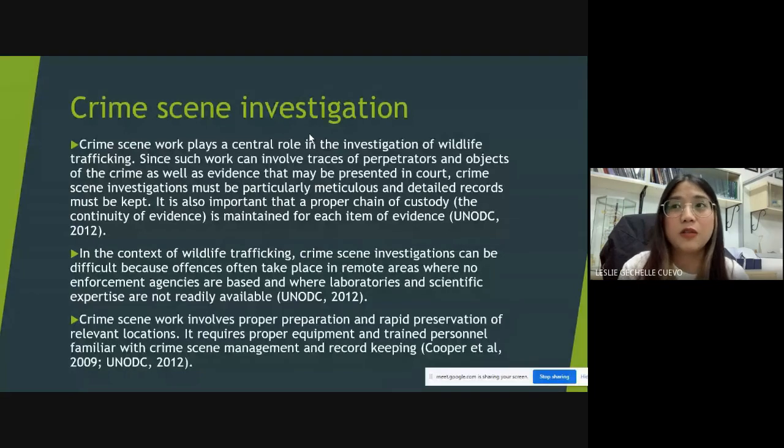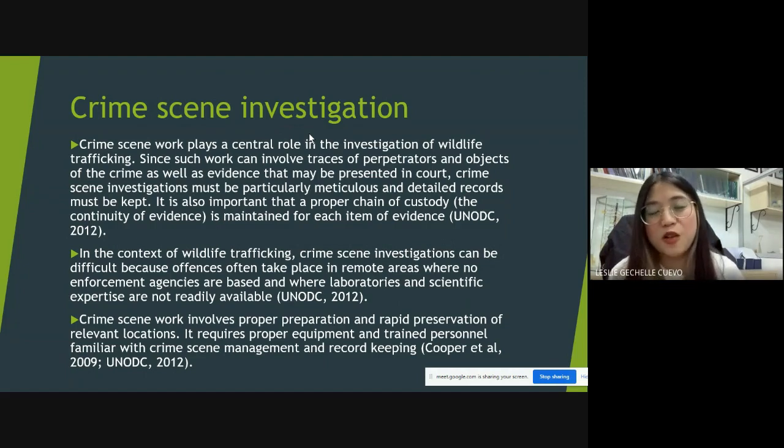Hindi katulad dito, for example, nangyari ang isang krimen sa Angeles. Andyan lang yung crime lab. Pag na-kolekta na ang pieces of evidence, pwede na siyang dalhin agad sa crime lab. Hindi tulad sa mga yan, nasa bundok ka, syempre wala namang opisina ang crime lab sa bundok, di ba? So, medyo travel ka pa. Kaya medyo mahirap.